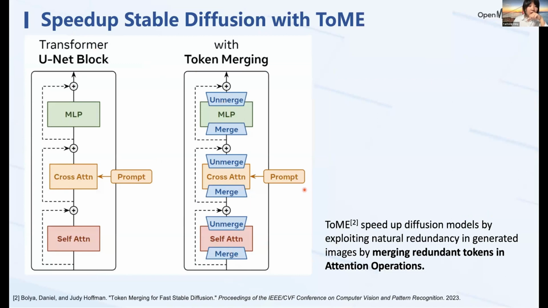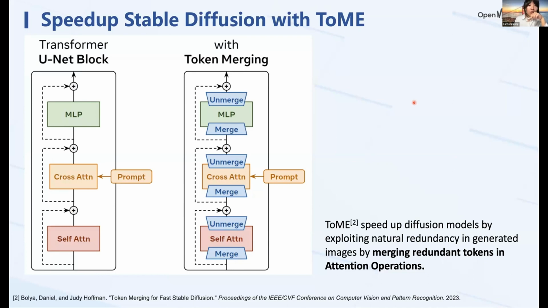In this illustration, compared with the transformer block, we can find that with token merging in each operation, we merge similar tokens before the attention calculation, so that the attention calculation can be largely reduced. So we can reduce the overall inference time.